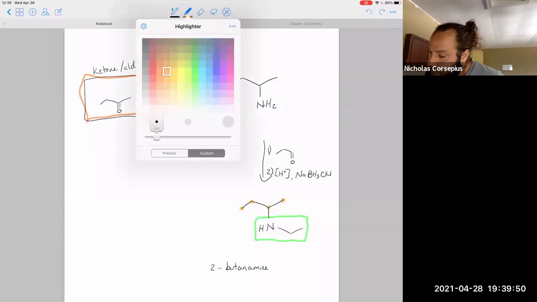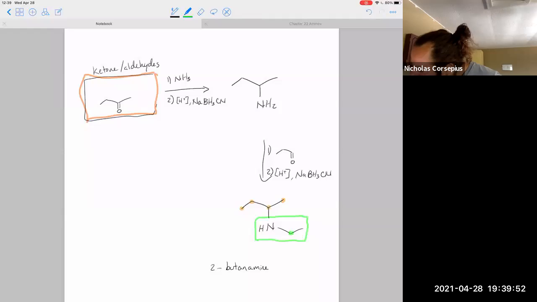But now how do I account for these 2 carbons that are on the nitrogen? I don't give them a number. I indicate with what? Yeah. So this would be N-ethyl-2-butanamine.